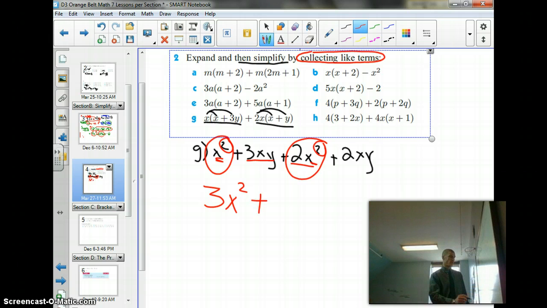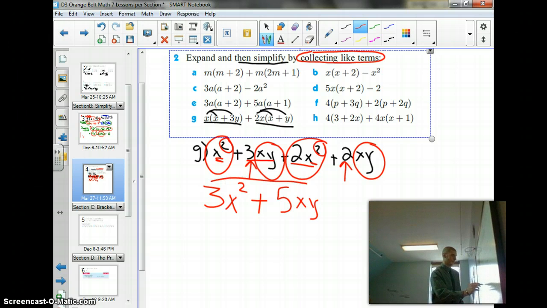Alright? xy is the exact same as xy. All right? And if this happened to have been in improper algebraic notation and was yx, they're still the exact same. Okay? How many of them do we have? Well, we have 3 of them here. We have 3 of them here. Therefore, we have a total of 5. And that's your simplified form. Okay? That's as far as you can go.